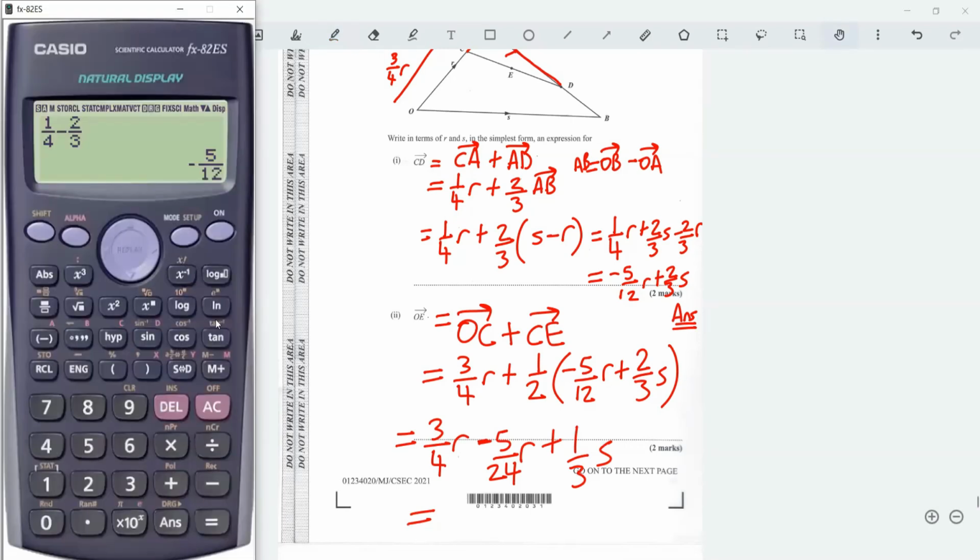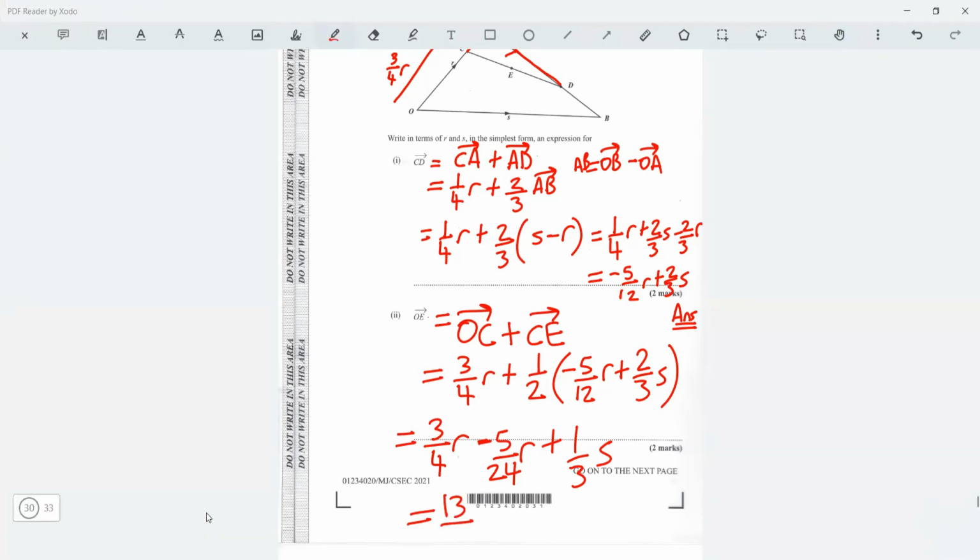I will put that in my calculator because I am not stressing that. Put it in the calculator. That's 13/24.